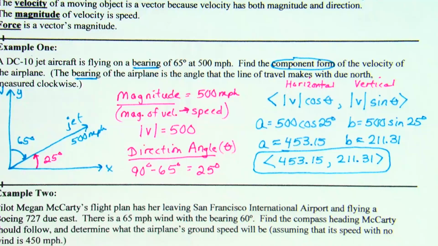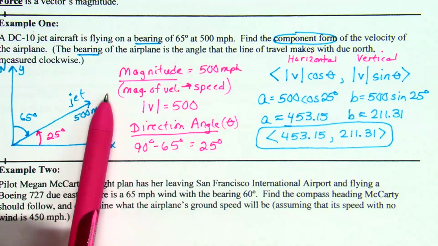What is our horizontal direction here? We're going to the right, which is what direction on a compass? East. So this 453, technically it's miles per hour, and that is 453 miles per hour in an eastward direction, easterly direction, however you want to say that.